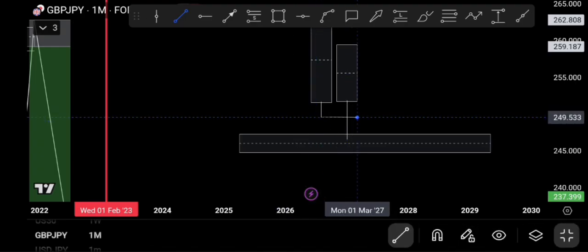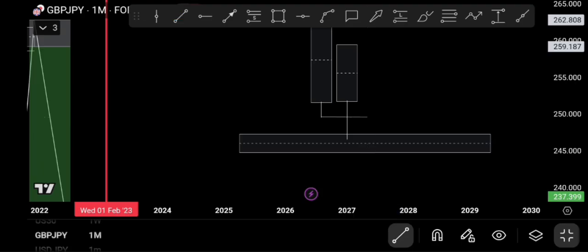This is called what? A DCL, a daily time frame liquidity.